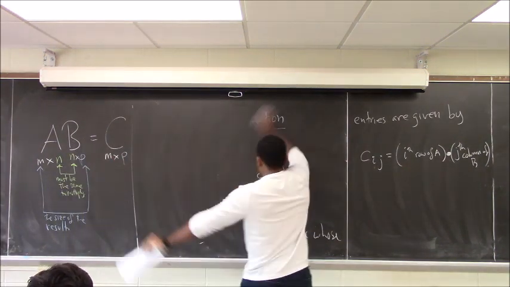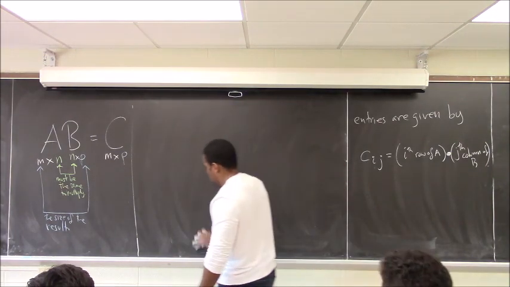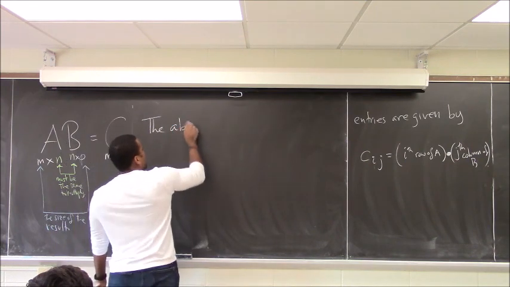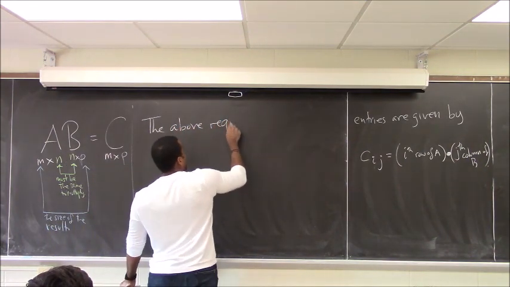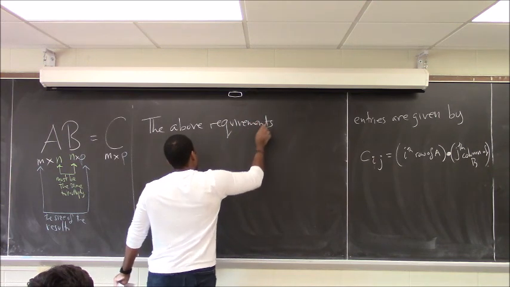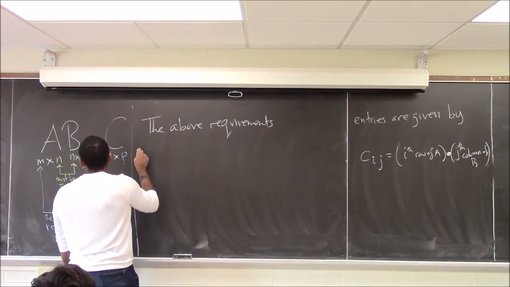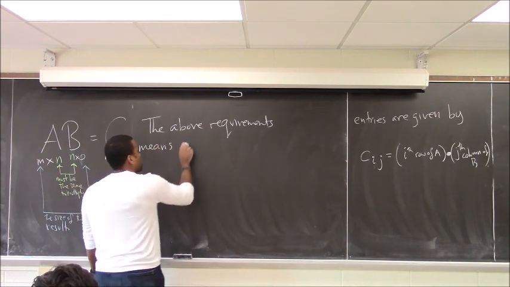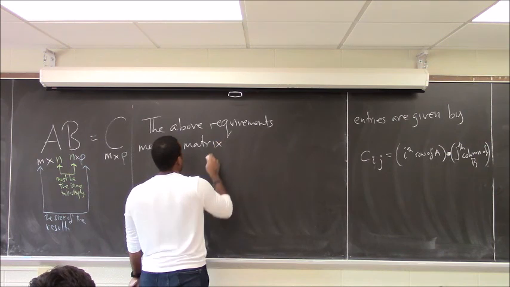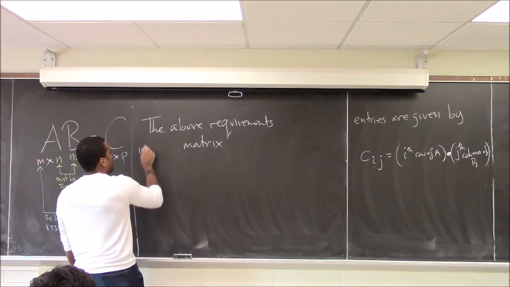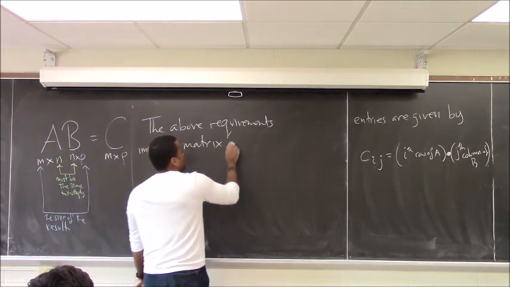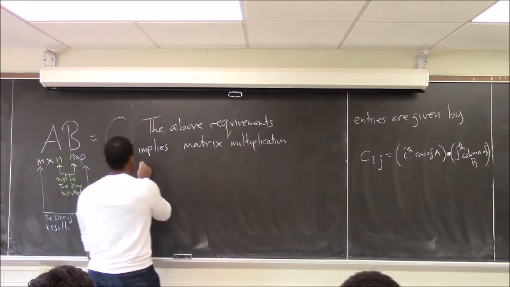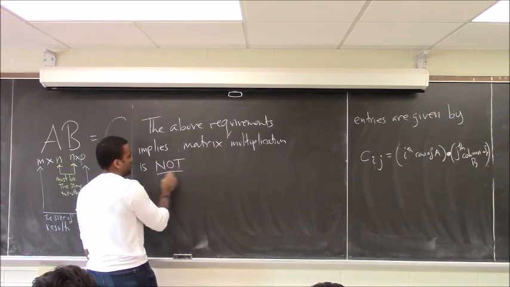Because of this requirement, ultimately what it implies is that matrix multiplication is not commutative.